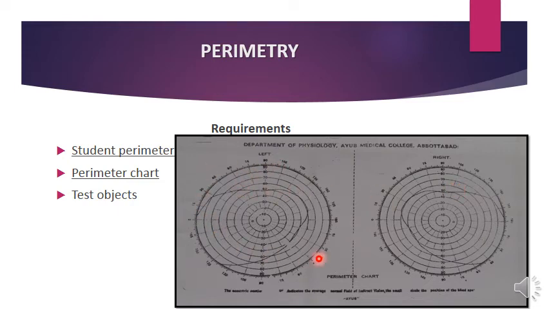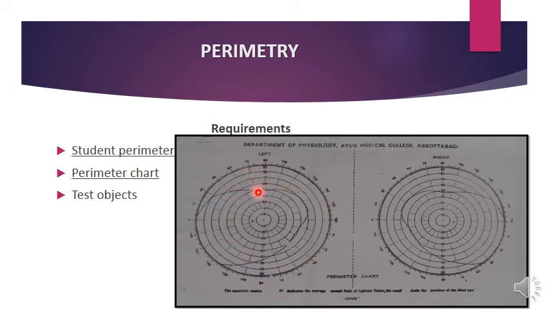Now in each part there are areas which represent the visual field for the corresponding eye. For example, here the whole area represents the left eye visual field.